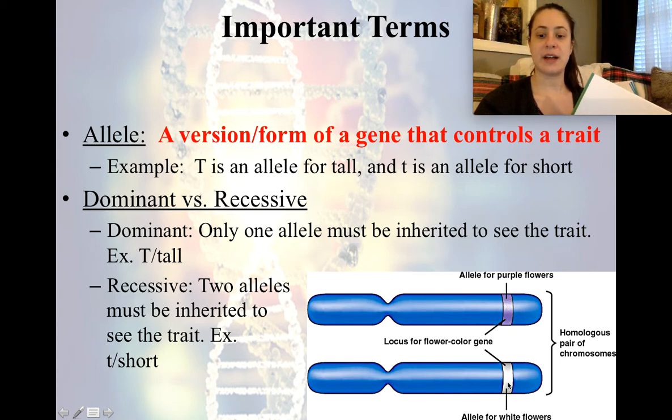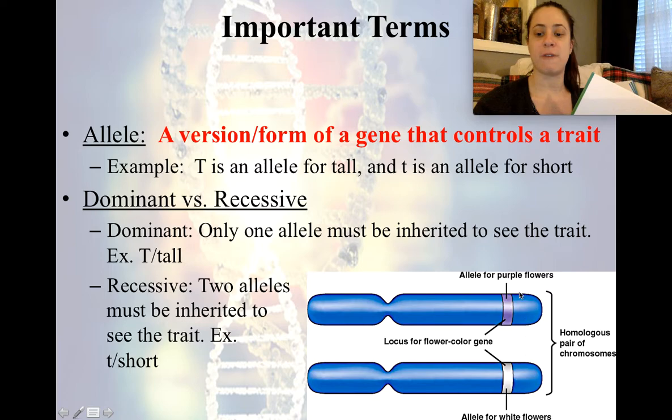And here is the locus for the flower color gene. A locus is just a very fancy term for the gene location. So on this chromosome is the allele for purple flowers, and on this chromosome is the allele for white flowers. This may have come from the maternal parent. This could have come from the paternal parent, or vice versa.